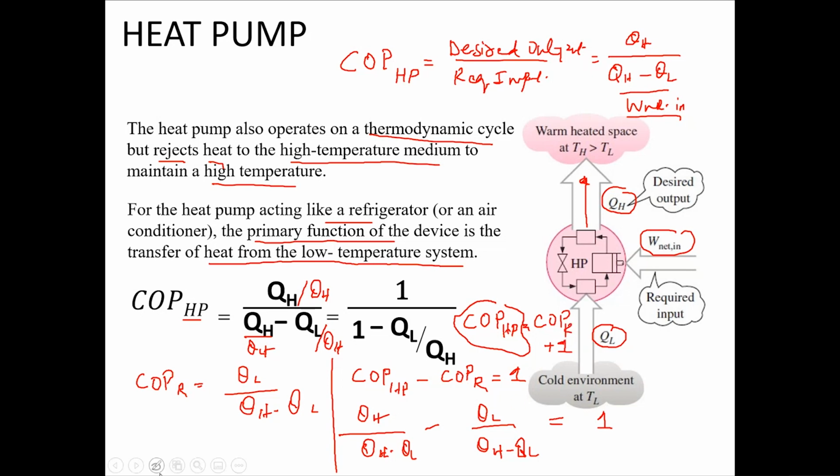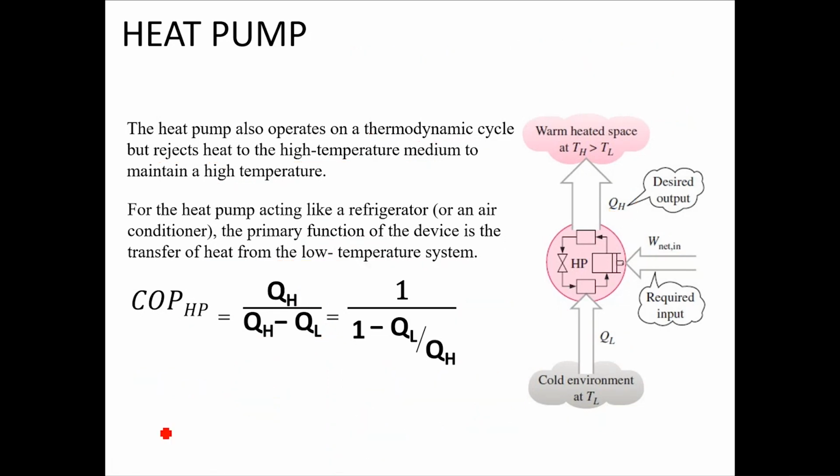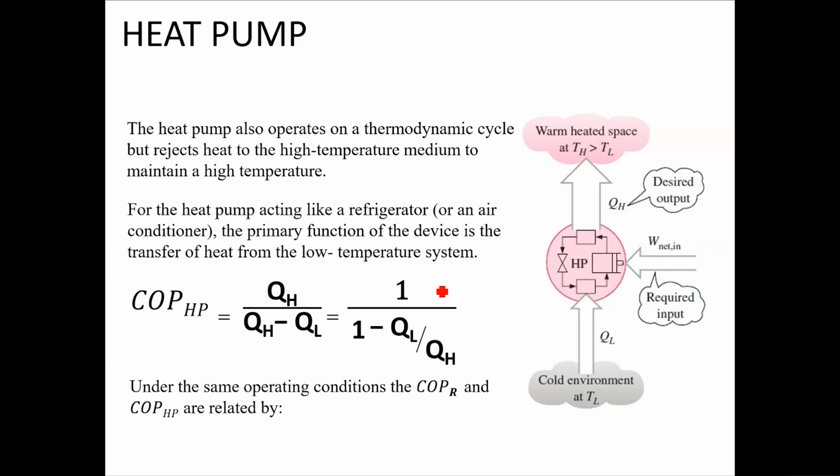Clear enough? Is this point clear? Yes, sir. All right. So under the same operating conditions, the coefficients of performance of a refrigerant and a heat pump can be related by COP of a heat pump is essentially equal to COP of a refrigerant plus 1.